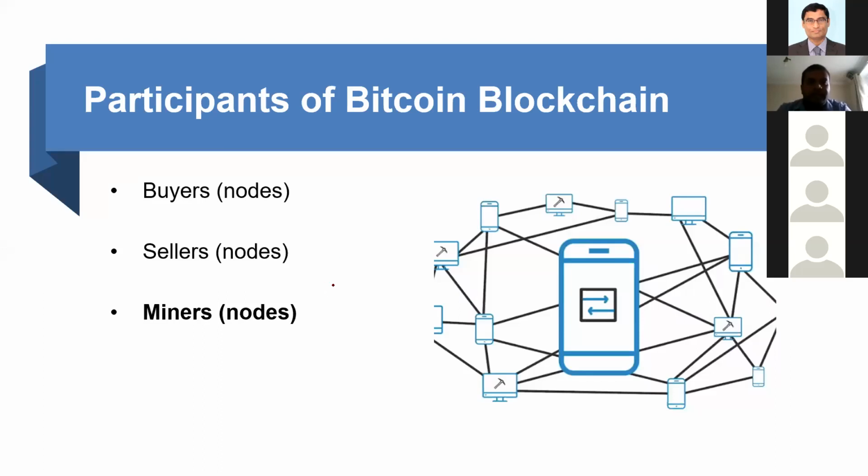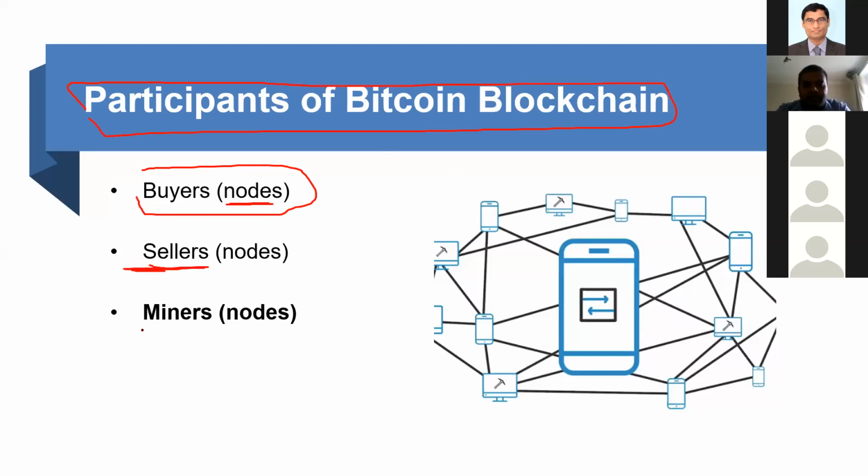Right, so let's dive deeper into some more technical details. Who are the participants of the Bitcoin blockchain? The participants are called nodes. There are three types of nodes: buyers, sellers, and the important people called miners.